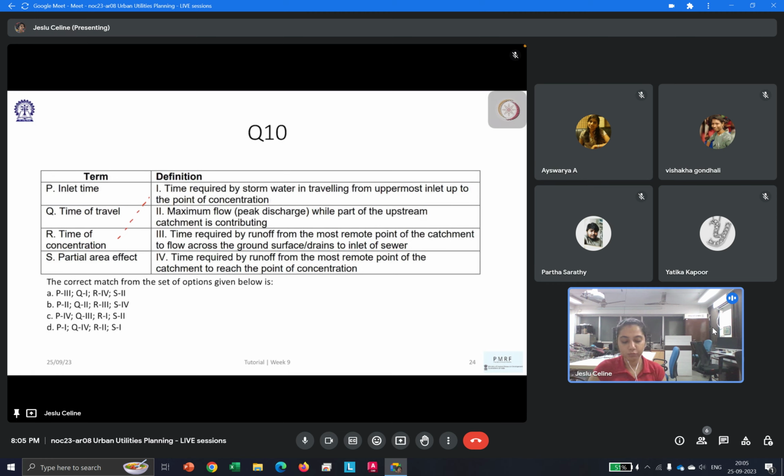Maximum flow while only part of the upstream catchment is contributing. This we have discussed before, and I think all of you have attended that class also. You should be able to answer this. High intensity rainfall in a small area can lead to overall higher runoff than low intensity rainfall in a larger area. What was that called?